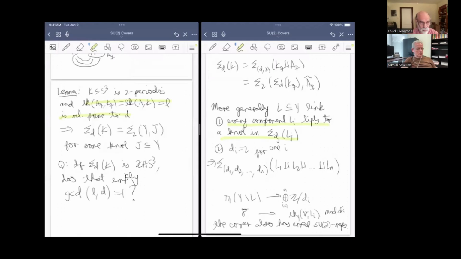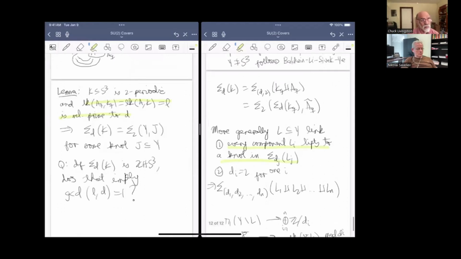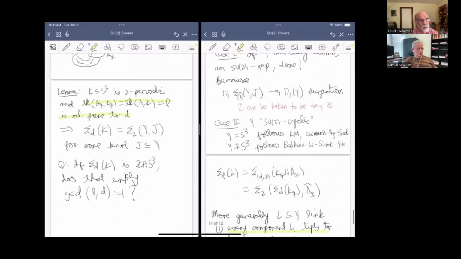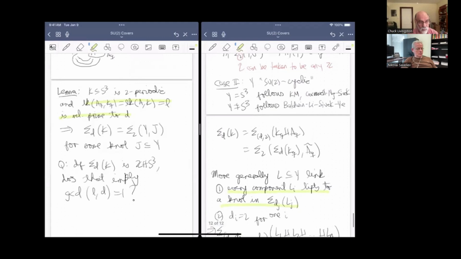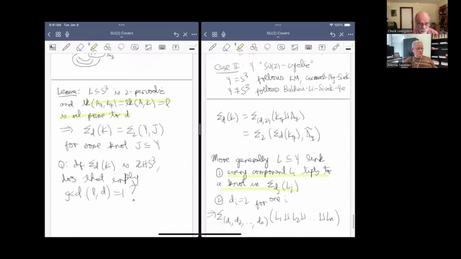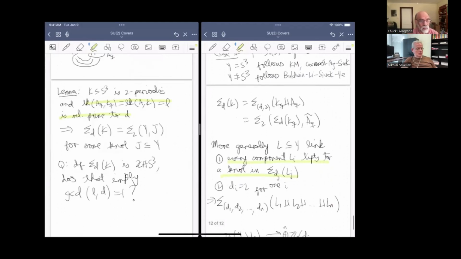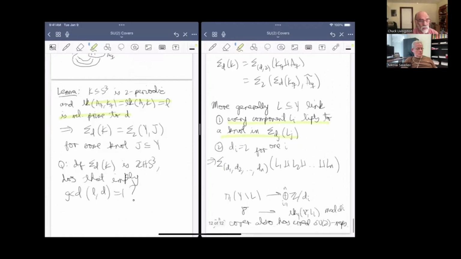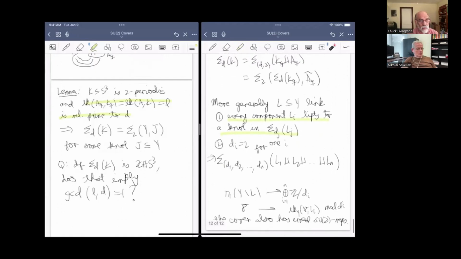And that is something that I need if I want to invoke the theorems of Kronheimer-Mrowka and Baldwin-Sivek, because those talk about two-fold covers branched over knots, not over links. We run into more problems if we start considering branch covers over links that are not of this form, right?